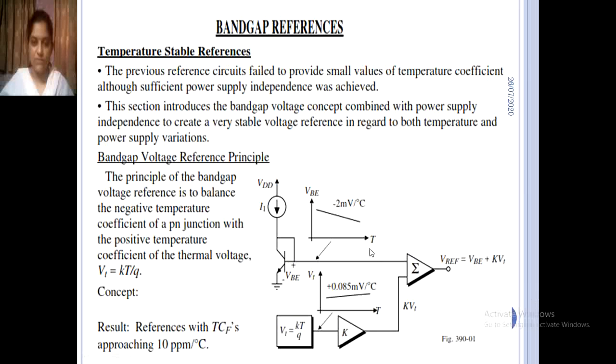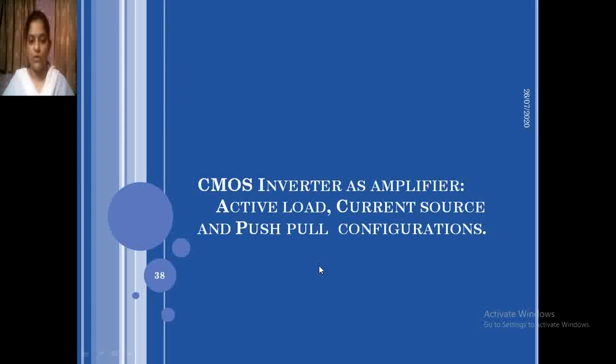So now we are going to see CMOS inverter as amplifier in active load, current source and push-pull configurations.